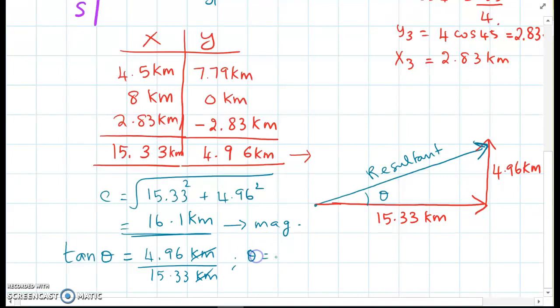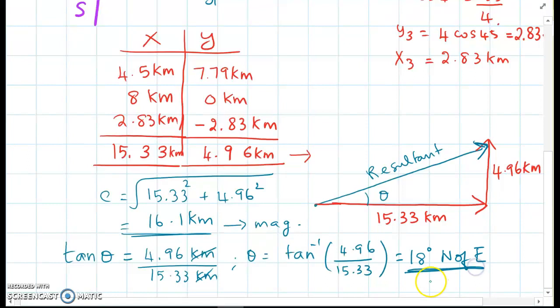And so theta is the inverse tan of 4.96 over 15.33, and that would be about 18 degrees. It's going to be 18 degrees north of east. So this represents the direction of the vector.